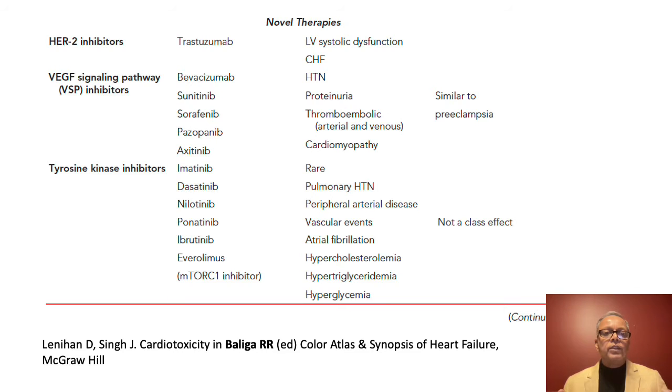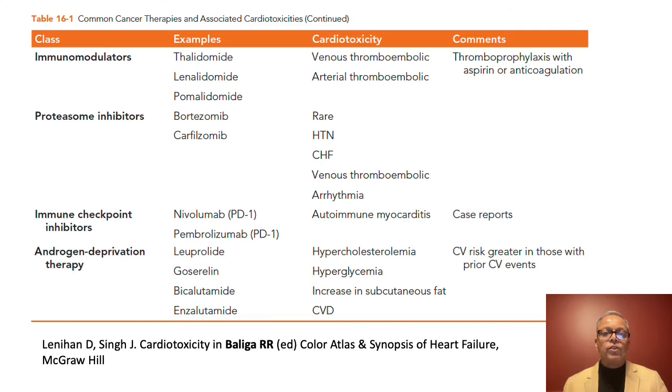And the tyrosine kinase inhibitors have a plethora of effects. Dasatinib can cause pulmonary hypertension. Nilotinib can cause peripheral arterial disease. Ponatinib can cause vascular events. Ibrutinib can cause AFib. And as these agents continue to grow, we're seeing the whole spectrum of cardiovascular complications.